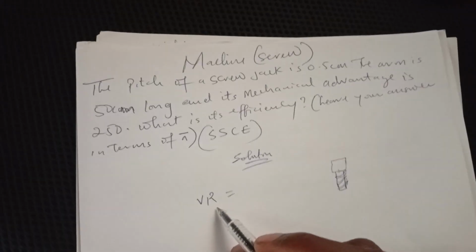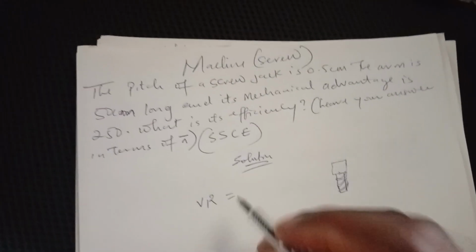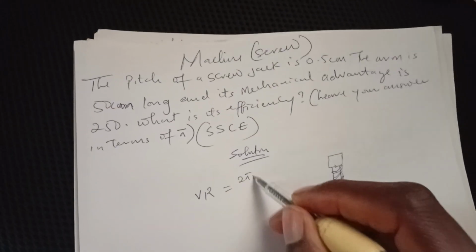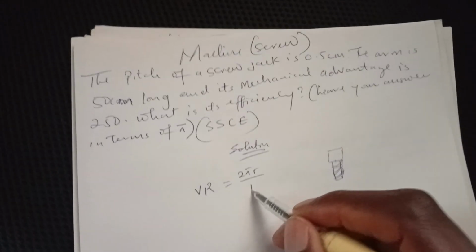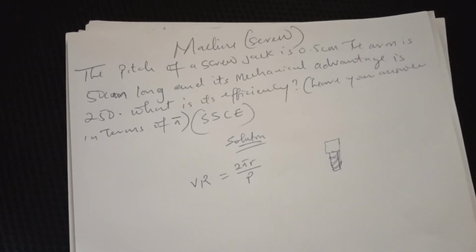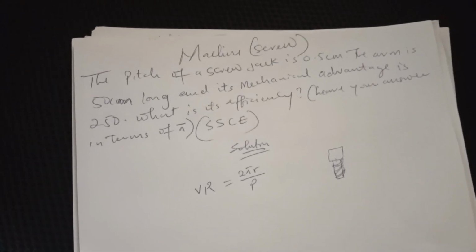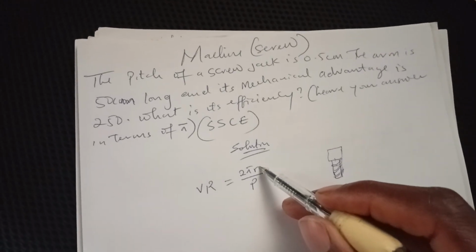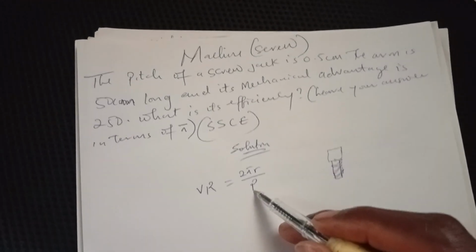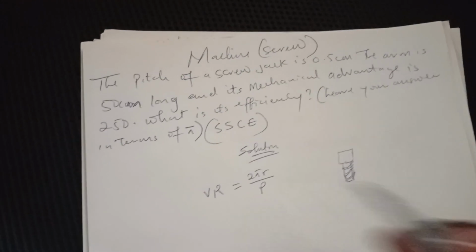So what is the velocity ratio of a screw? The velocity ratio of a screw is 2 pi r over p. This r stands for the radius, and this p stands for the pitch. What is the meaning of pitch?